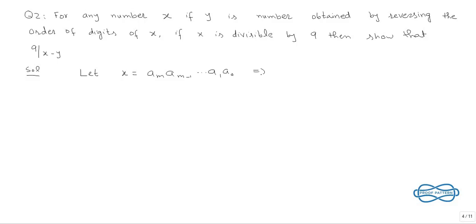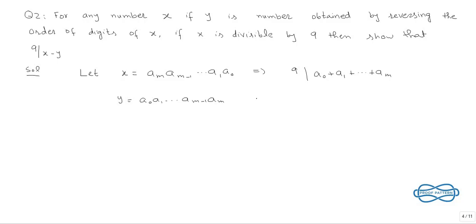Because x is divisible by 9, 9 divides a_0 plus a_1 plus and so on a_m, and y is obtained by reversing the digits. So this is a_0 a_1 up to and so on a_(m-1) a_m.